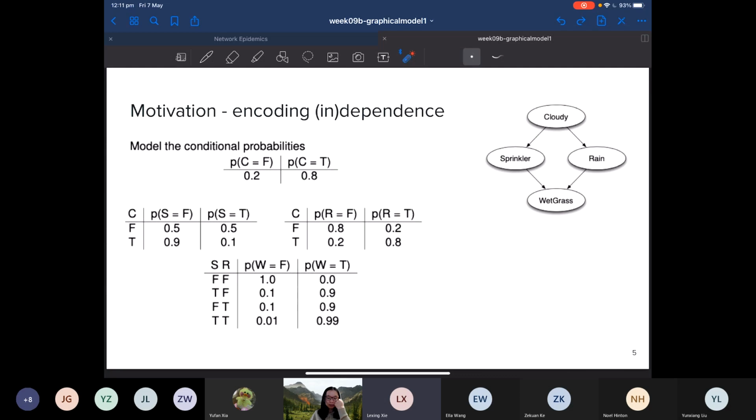So this conditional probability table simply says, if the sprinkler hasn't been on and there has been no rain, then it's impossible, or with probability 0, that the grass is wet. If both are on, then it's almost sure, with 99% probability, that the grass is wet. If only one of them is on, then the grass is wet with 90% chance.